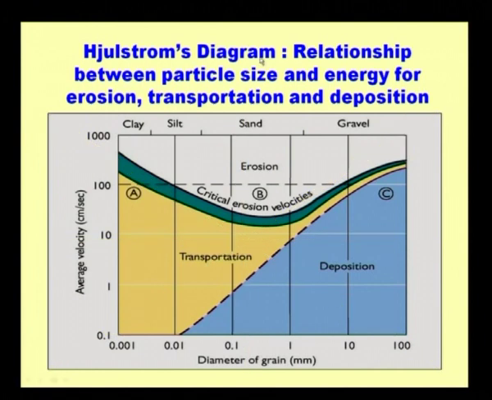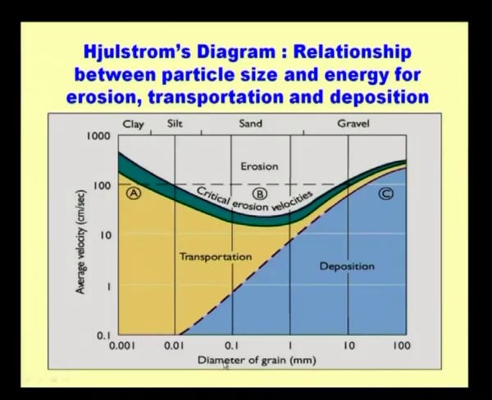See, there is a relationship between the particle size and the energy for erosion, transportation and deposition, because for transportation also the particles need energy, and therefore there is a relation between the particle size and the amount of energy necessary for erosion and transportation, and this is given in this graph.